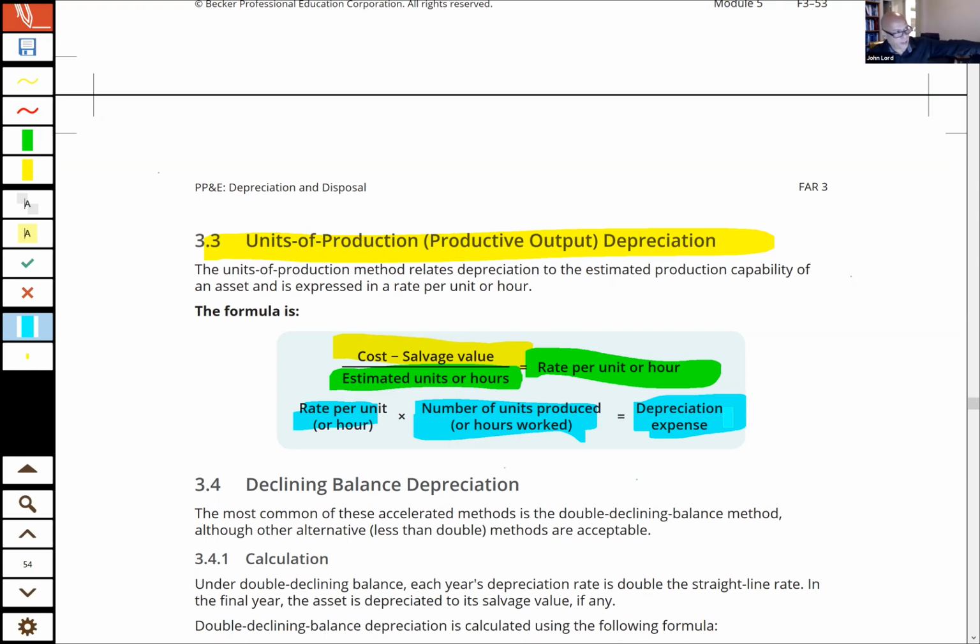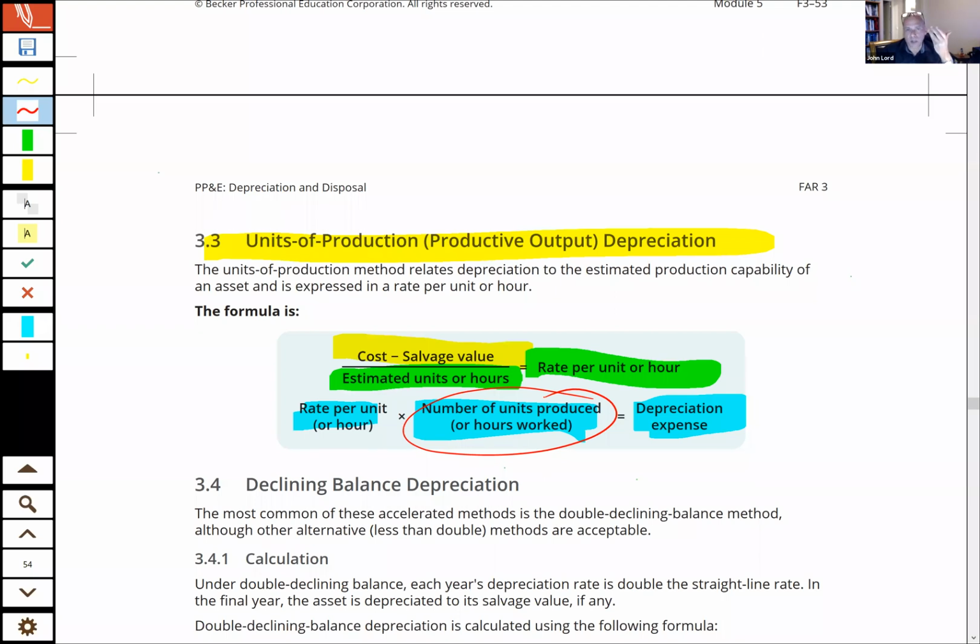So if the equipment sits there and never gets used, no depreciation. If the equipment is used a lot, more depreciation. So this is probably the more accurate way to calculate your depreciation. The problem is that now I have to track the units or hours that this machine has been used or the units it produced.